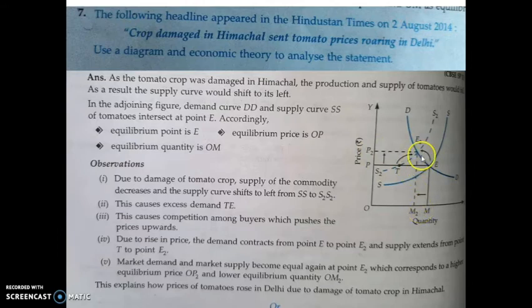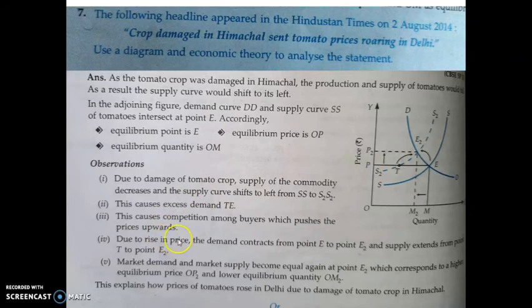So there is a shift in the supply curve to the left because of the damage of tomato crops, which leads to a reduction in the supply of tomato. The new equilibrium price is P2 and the equilibrium point is E2.